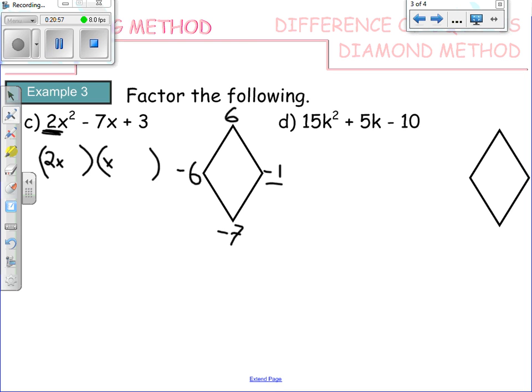Yeah, you have to find one of these numbers that's divisible by 2. -6 is divisible by 2. Yep, so that'll give you -3, and it goes on that side.